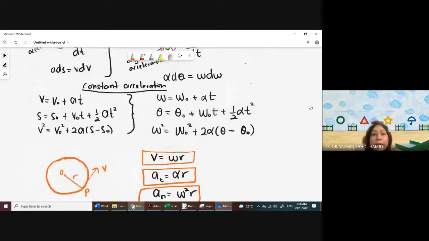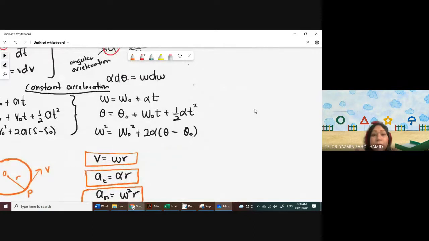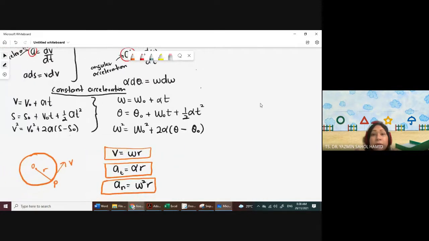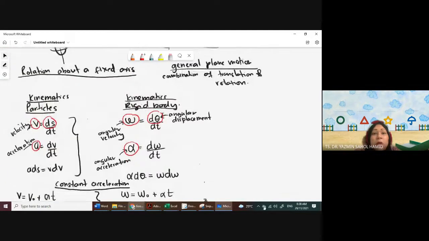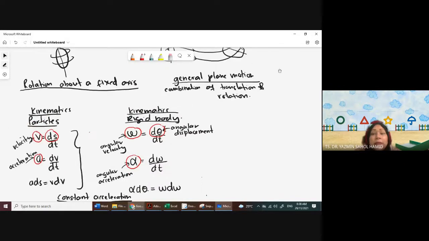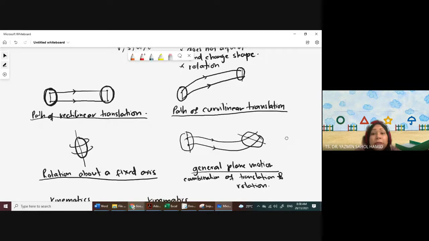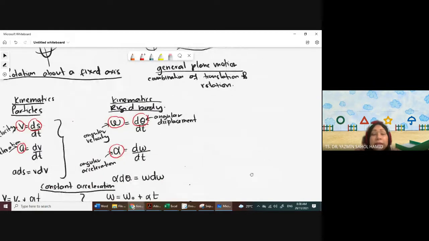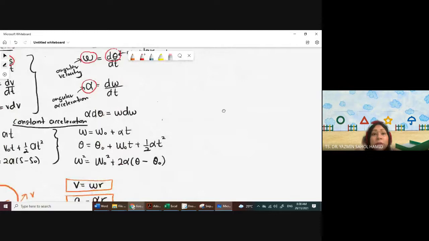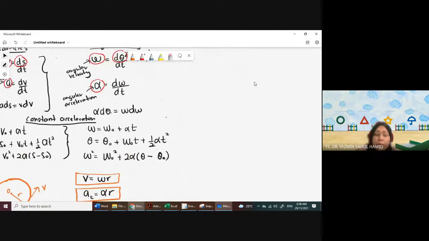Anything else you would like to ask before we proceed to doing some questions? These are all the things that you need to understand: all the types of motion that can happen in a rigid body and the formulas that it involves. If you're ready, we can start to do one question. Are you ready?